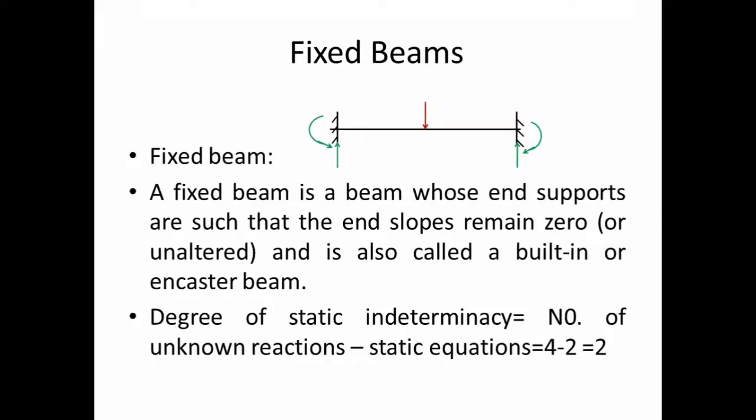And which are those two unknowns we are interested in? We are interested in these two moments, the fixed end moments. These moment values will change with respect to the type of loading. So if there is only one point load, there will be one particular equation. If there are 2 point loads, another equation. If the point load is applied centrally, one particular equation.